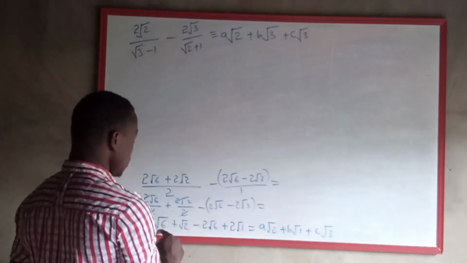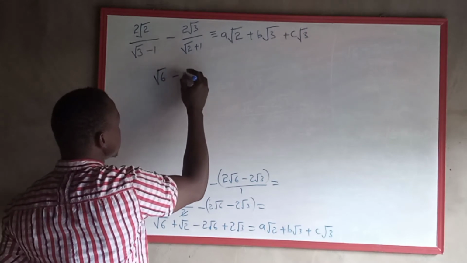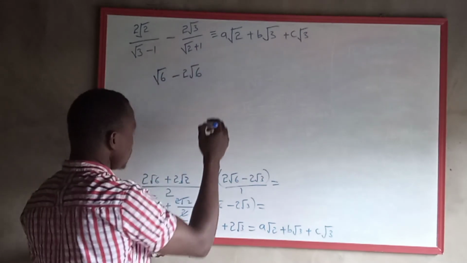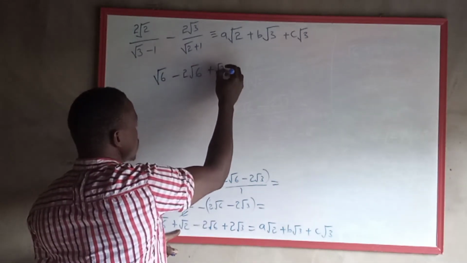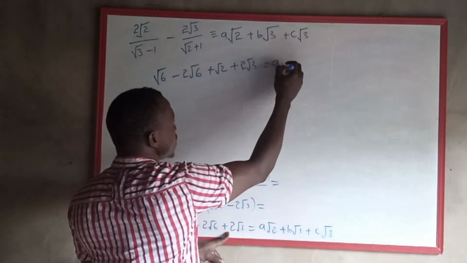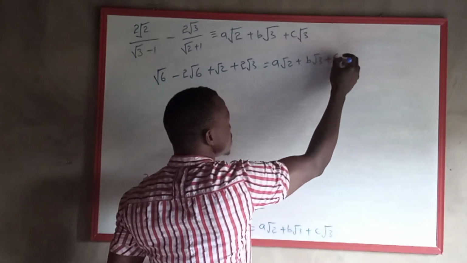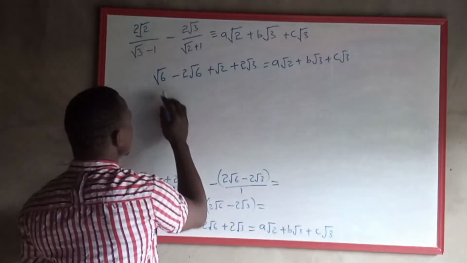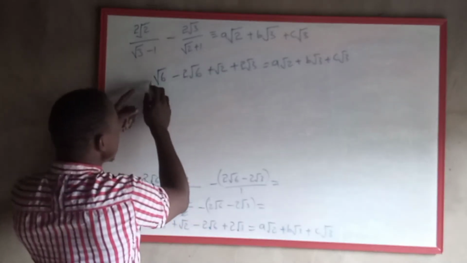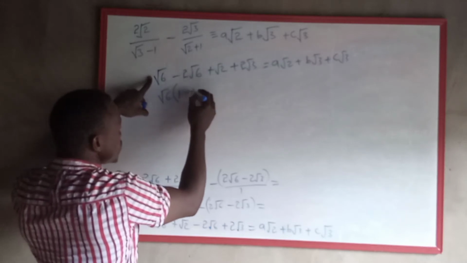We have root 6 and minus 2 root 6. We have root 6 minus 2 root 6. Then we have plus root 2. Then we have plus 2 root 3 is equal to a root 2 plus b root 3 plus c root 3. So root 6 minus 2 root 6. Remember there's 1 here. So if we collect like terms, root 6 as like terms, we're left with 1 minus 2.